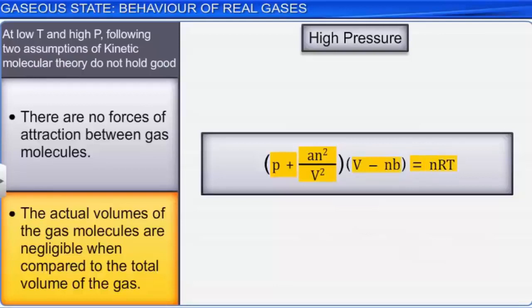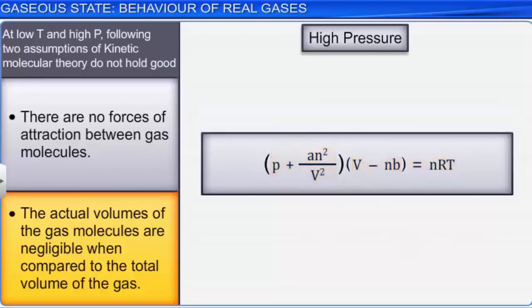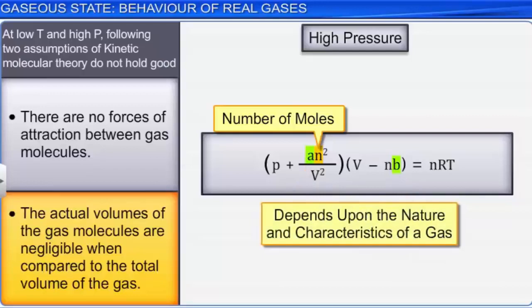Here, N indicates the number of moles and the constants A and B are called van der Waals constants. The values of A and B depend upon the nature and characteristics of a gas. The value of A is independent of temperature and pressure.